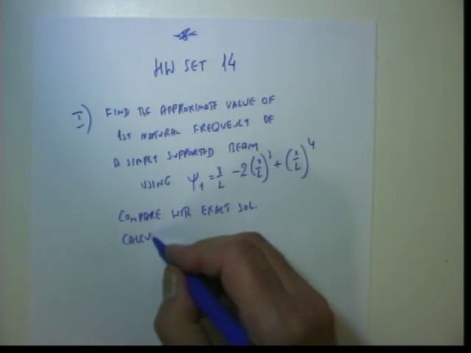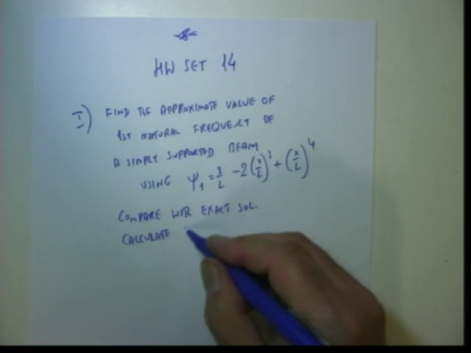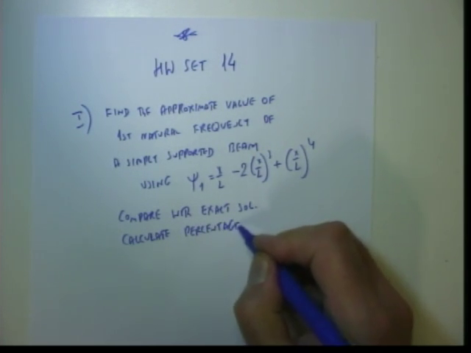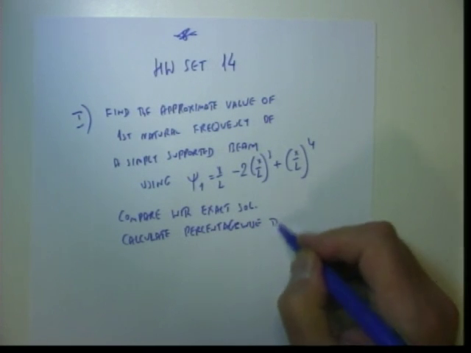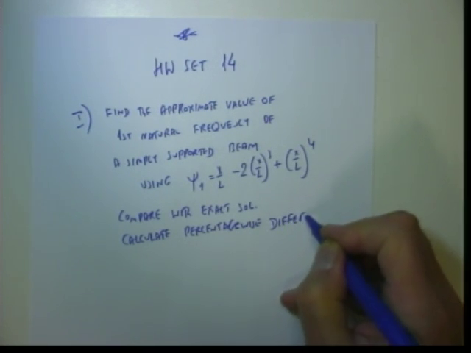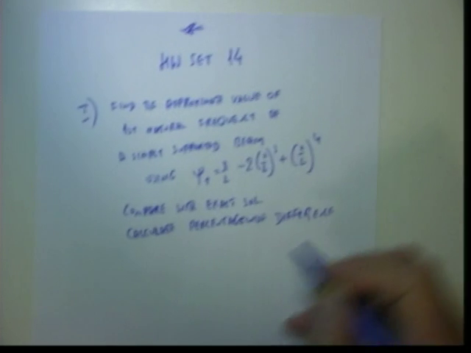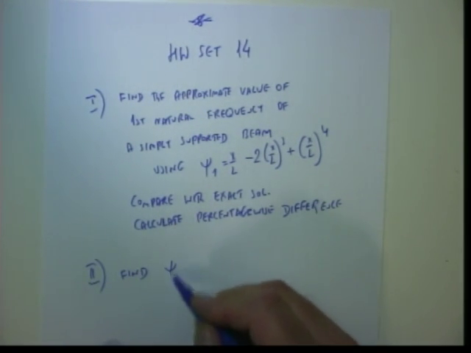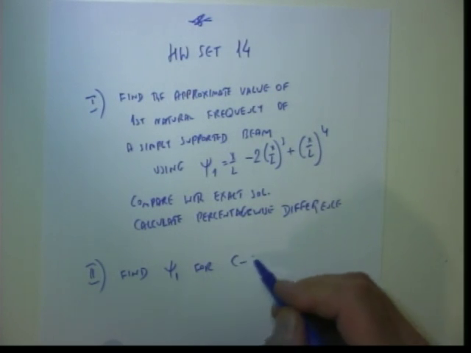Calculate the percentage-wise difference. Second, find psi 1 for a clamped beam.